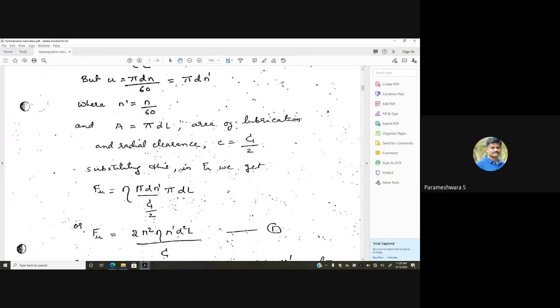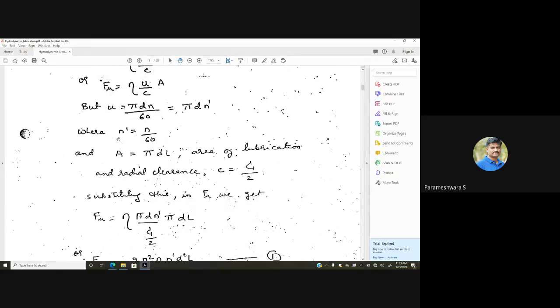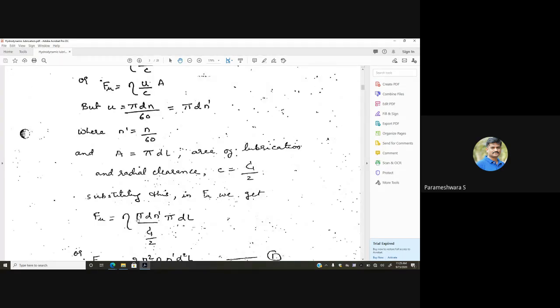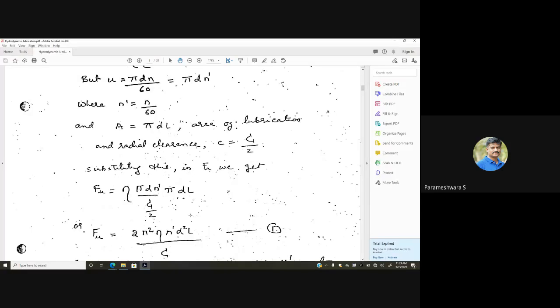So substituting all these values, that is U, A, and c, into the F mu equation, we get frictional force F mu is equal to eta into pi D n dash into pi D L over capital C over 2.